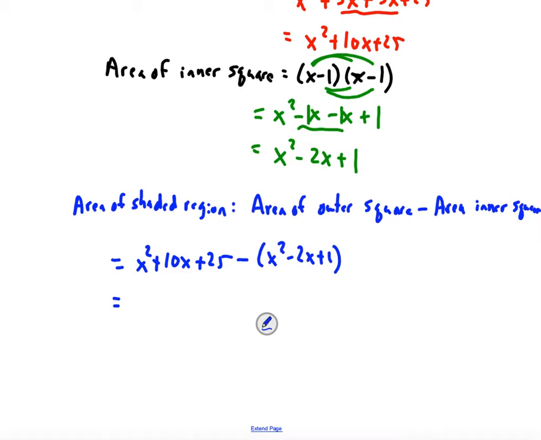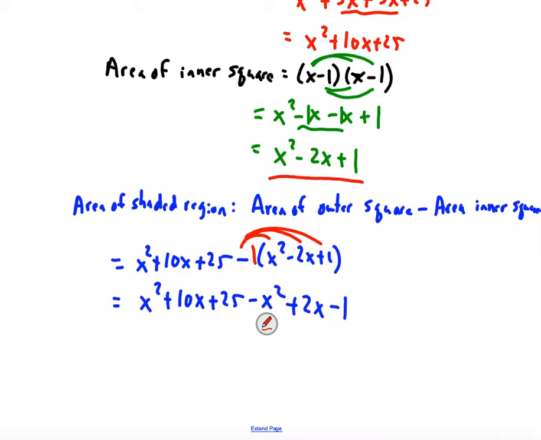So really you can just change the signs of each of the inner square area. So if I do that, I get a minus x squared, and then a minus and a minus there gives me a plus 2x, and then a minus 1. So what I did there is either I could change the signs of each of those terms, or I could distribute a minus 1 through that set of parentheses there and get a minus x squared plus 2x minus 1.